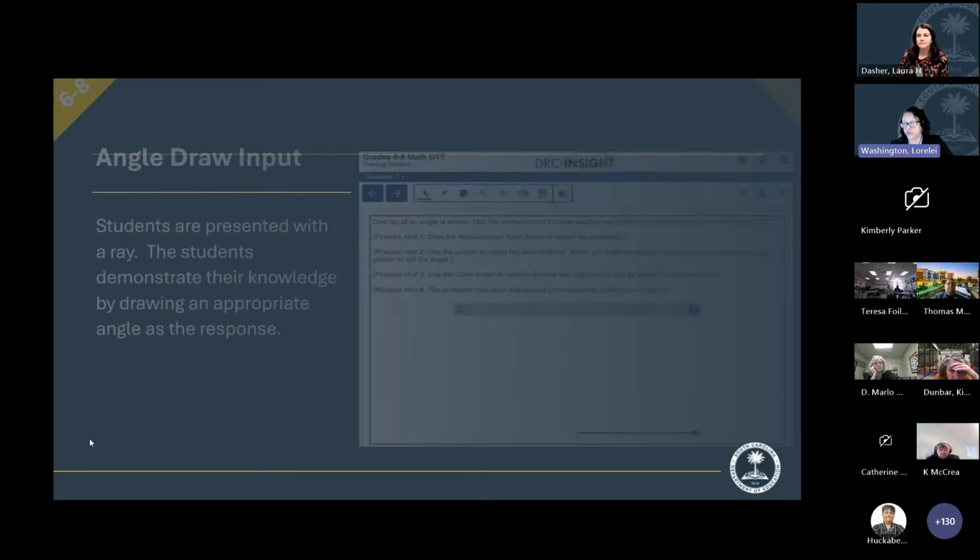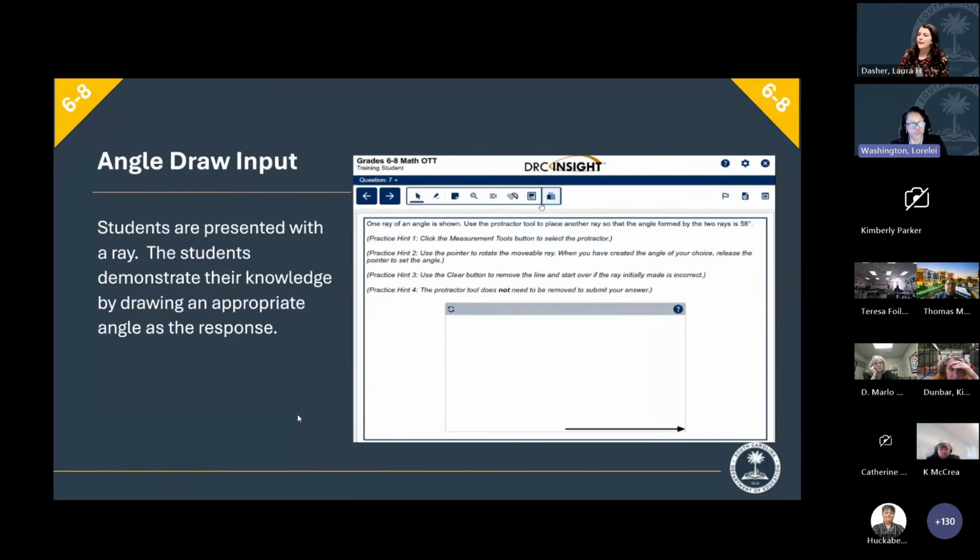First, I'm going to go through just the new items for grades 6 through 8, and then Laura's going to talk about the technology enhanced items for grades 3 through 5. Many of the items in elementary school will serve as a review or refresher for grades 6 through 8, since this is something they have already had.